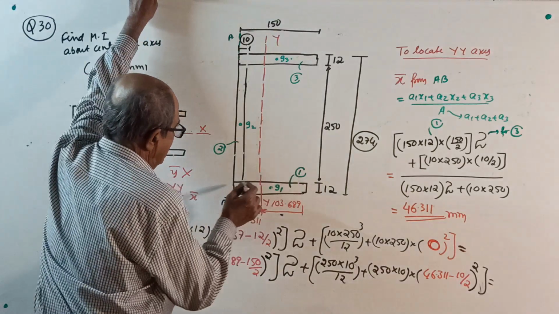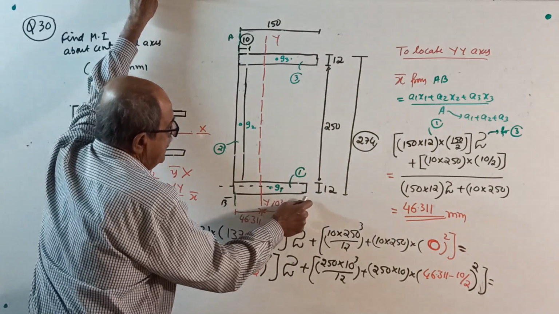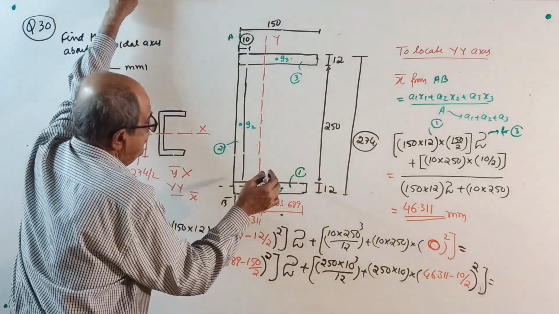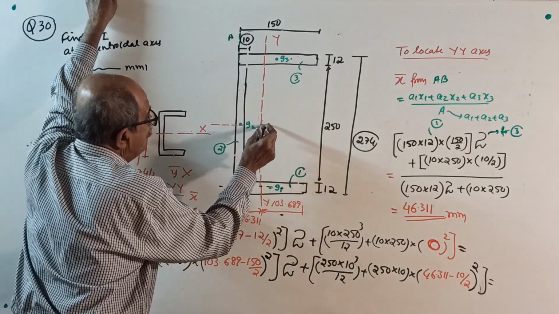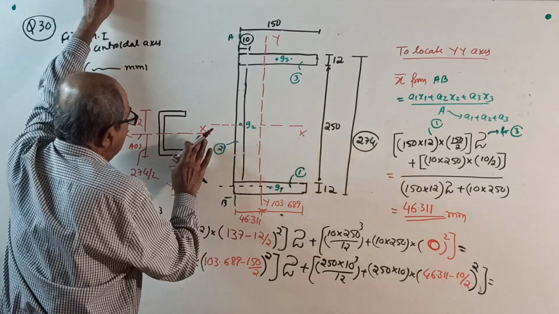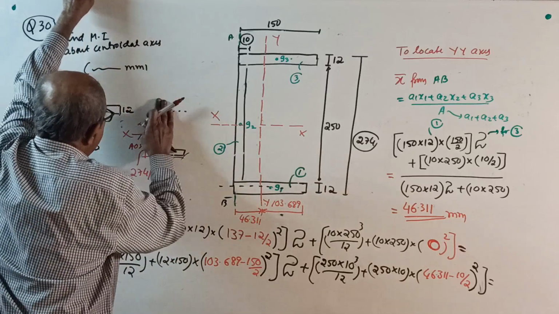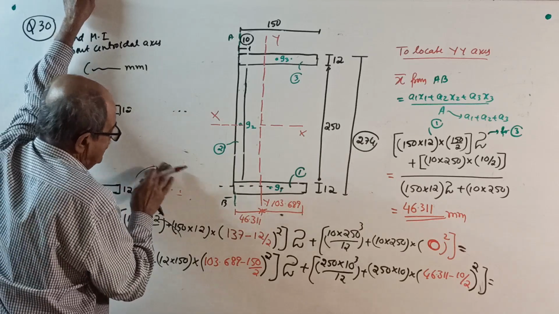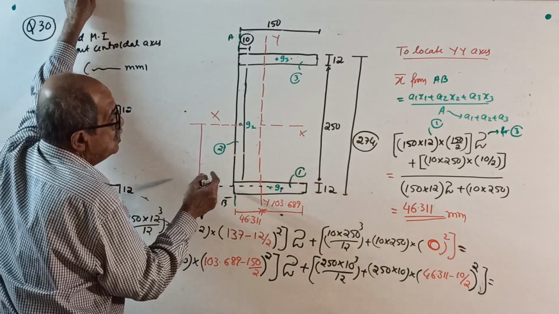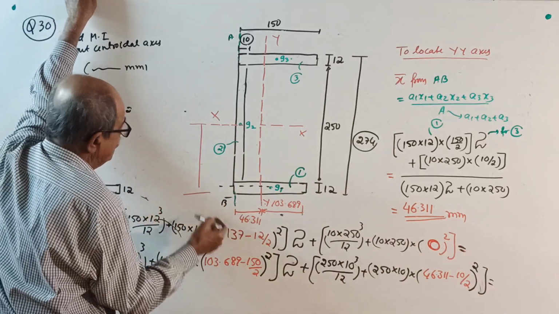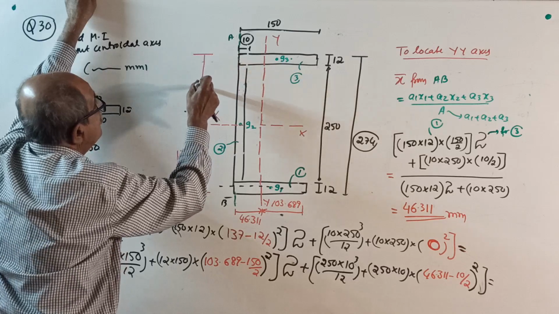Figure 1, I about its own axis: 150 into 12 cubed by 12 plus area into distance squared. Xx will correctly pass here due to symmetry. From here to here, 274 by 2 is 137, and from the top also 137.